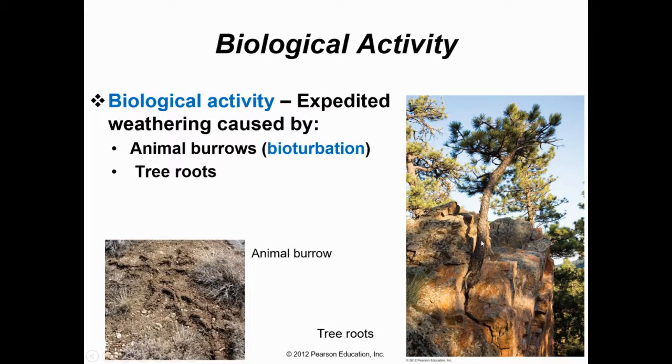Tree roots. Oftentimes in the mountains, you'll see trees hanging on to sheer cliffs, and you're wondering, how the heck are they staying up there? Well, the short answer is that they have a very good root system that is taking advantage of cracks or joints within the rock. The tree's roots will dig deep down into these joints, and hold on to whatever they can.